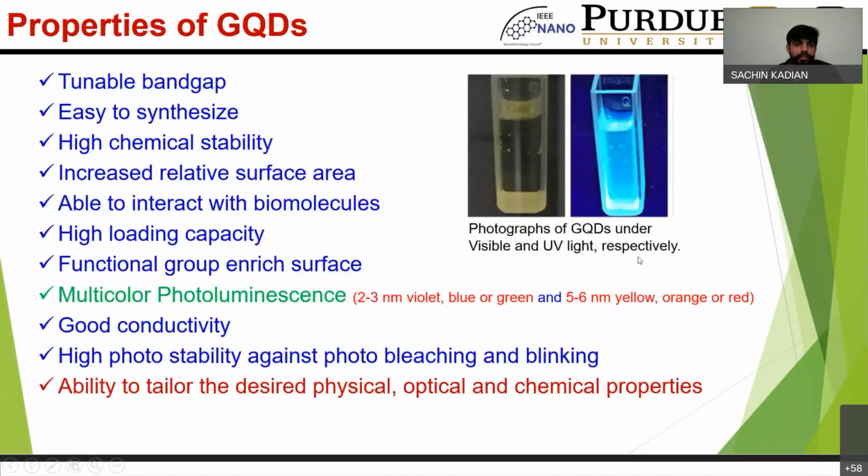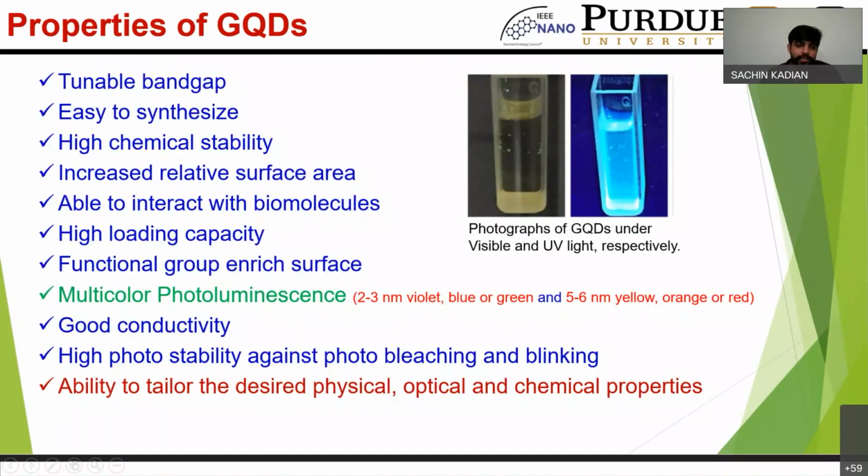These are the properties of GQDs, such as a tunable band gap, as we discussed earlier, easy synthesis, high chemical stability, and the ability to interact with biomolecules due to lots of functional groups on the surface. And as the size can be varied, they can show multiple fluorescence.